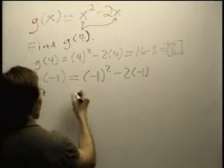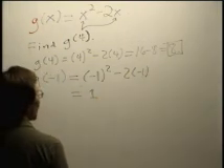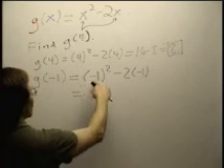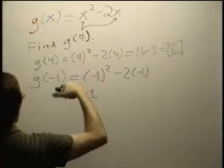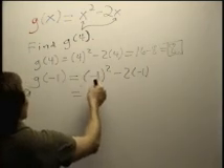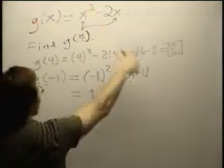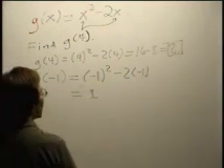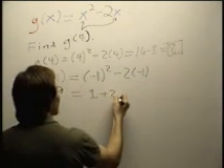Well, negative 1 squared is a positive 1. So when we're substituting negatives in, it can sometimes be an issue. We have to pay careful attention to exactly what's happening. The variable is being squared here, so we're squaring this value negative 1. Minus 2 times negative 1 is the same as plus 2.